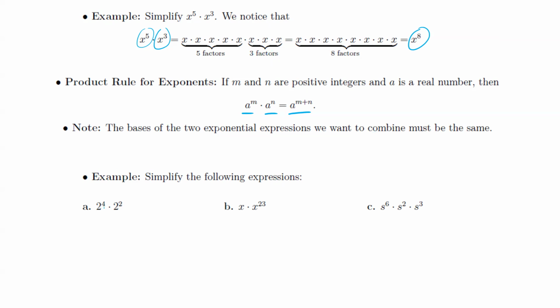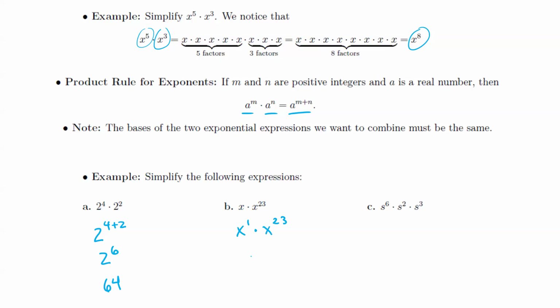So that allows us to make quick work of some things. For example, 2 to the fourth times 2 to the second is 2 to the 4 plus 2, which would be 2 to the sixth. And of course, 2 to the sixth is something I can just punch in my calculator and get 64. When you see something like this, remember that if there's no exponent showing, there is still an exponent there. It's just a 1.